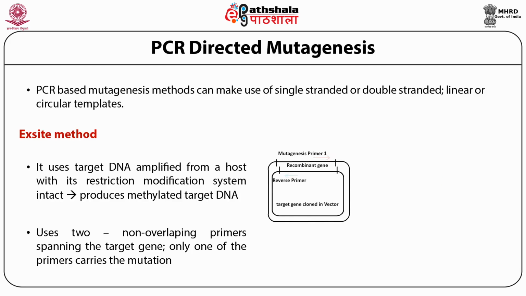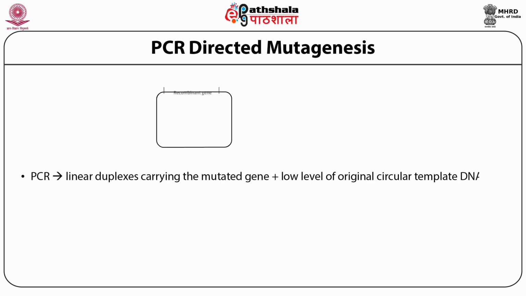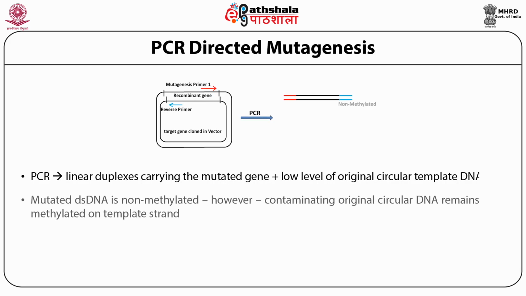Along with that, you would have contaminating original circular DNA which is wild-type DNA. At this stage, the simple PCR has amplified a mutagenized DNA from the target DNA. So we have our mutated DNA in linear form here.